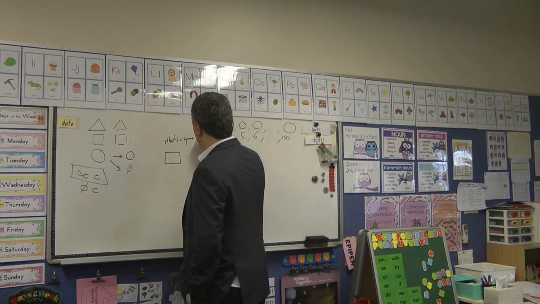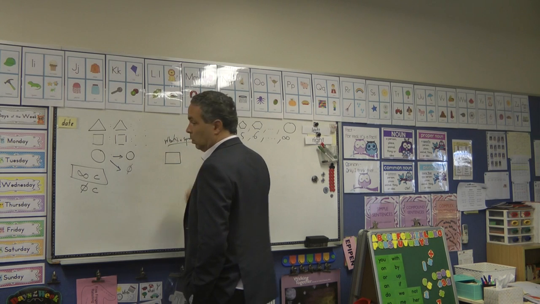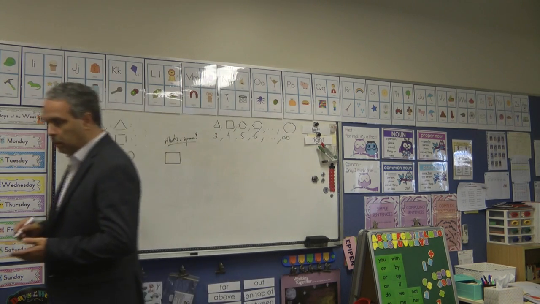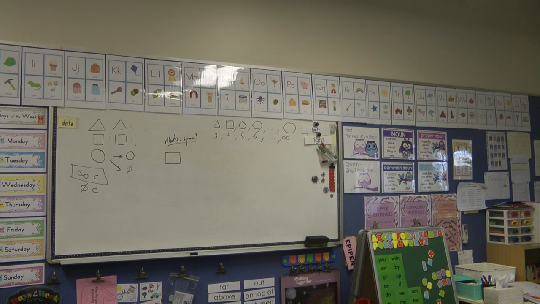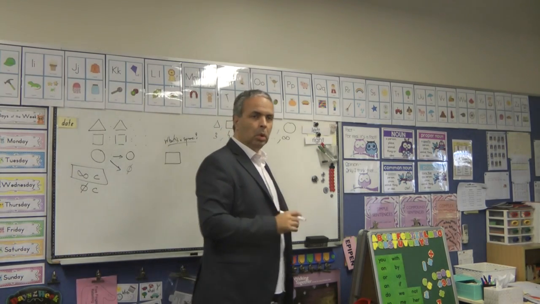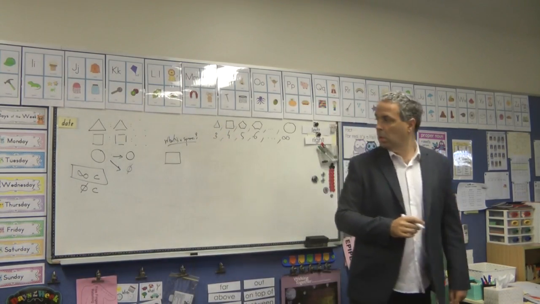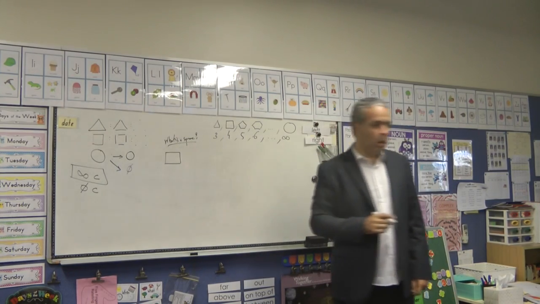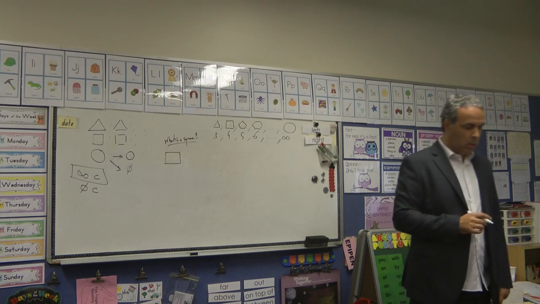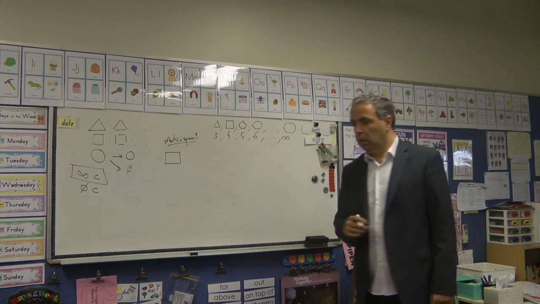Be careful. Yes, you have to write. You write the solution, but you have to think about it. What is a square? So the answer is what? You write the answer.